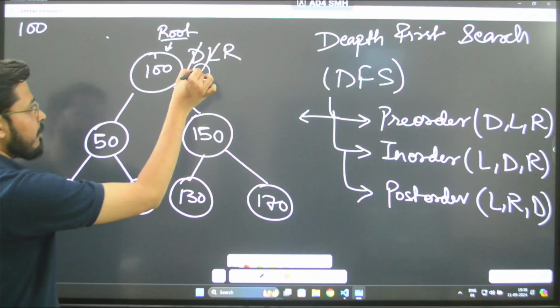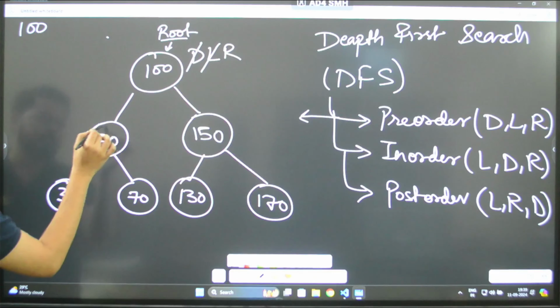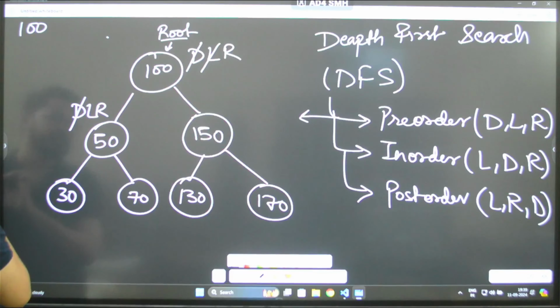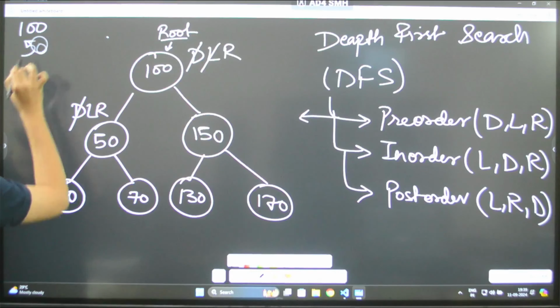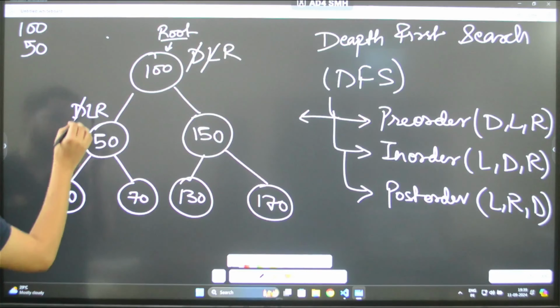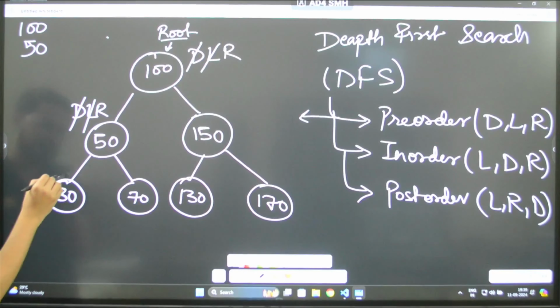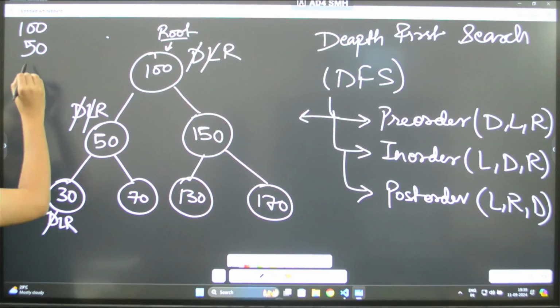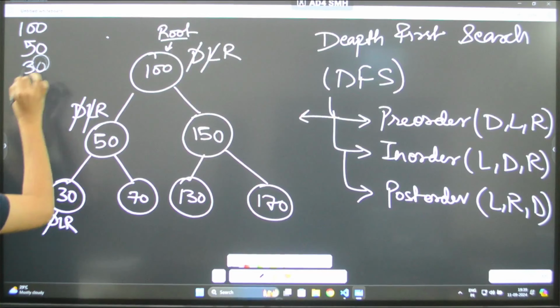Go towards its left. I went to the left, DLR. Access the data, 50. Then go towards its left, which is here, DLR. Access the data, which is 30.